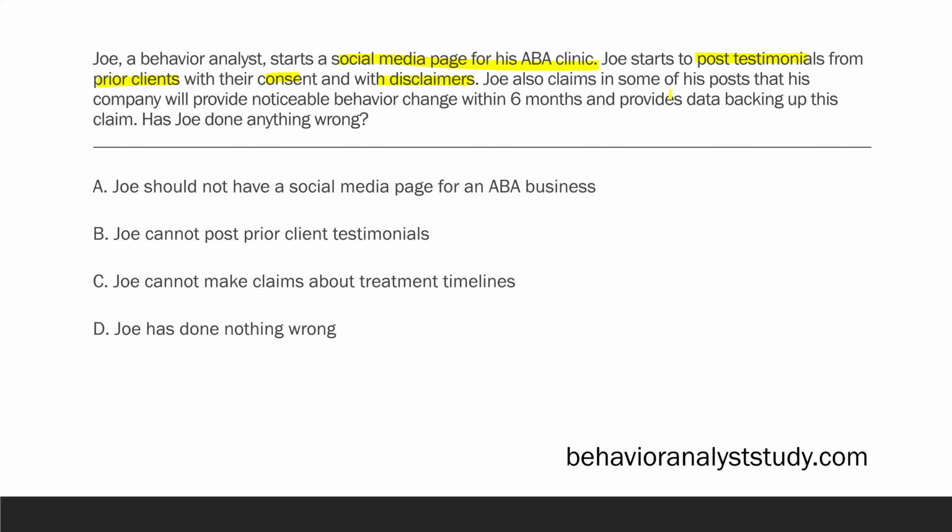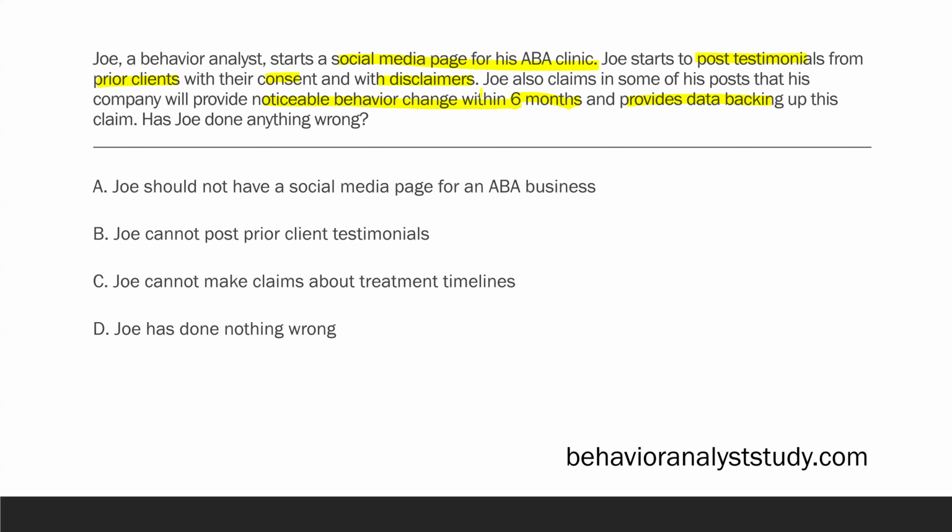Joe then claims in some of his posts that the company will provide behavior change within 6 months. Well, even though Joe provides data showing that maybe they can, is that statement going to potentially mislead future clients and customers about the capabilities of behavior analysts?